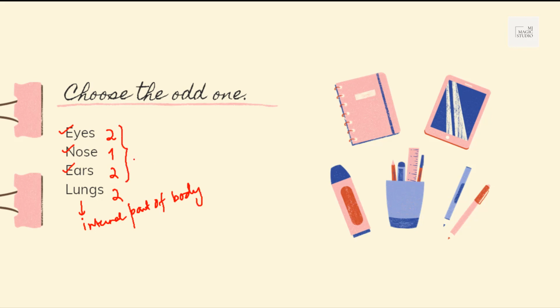These three, eyes, nose, ears, are external body parts. So on the basis of this, lungs should be out of this group. So the better answer would be lungs.